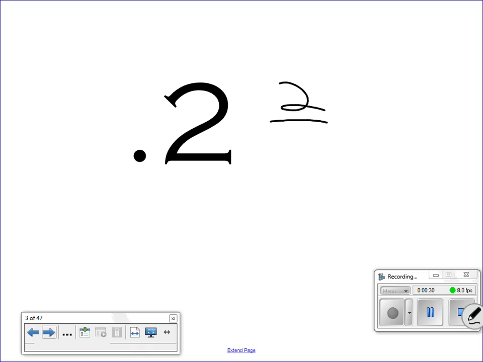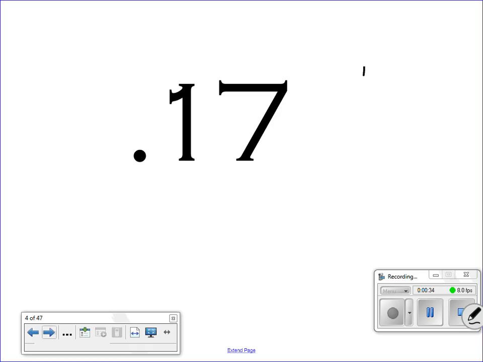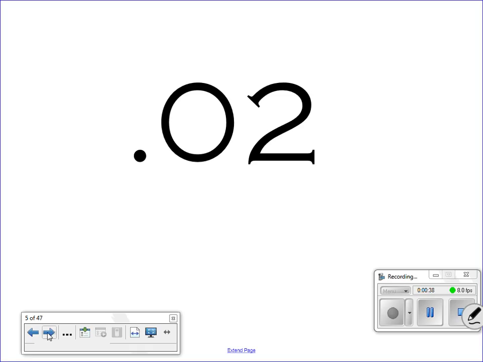2/10. That's how you write it as a fraction. 17/100. This is how you write it as a fraction. 2/100.